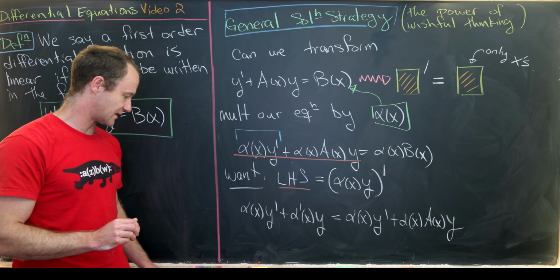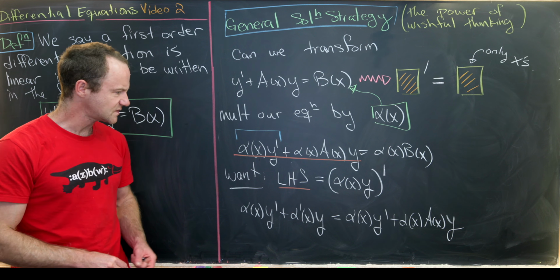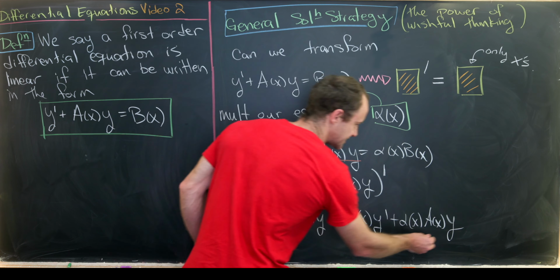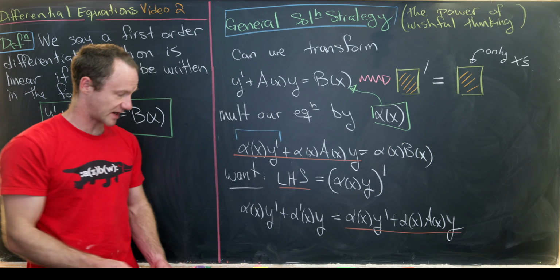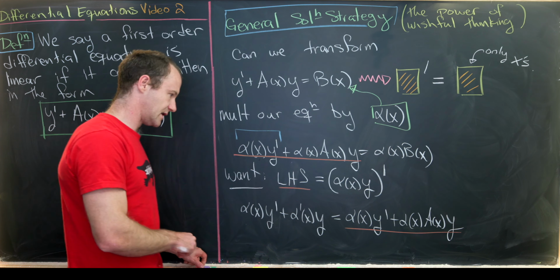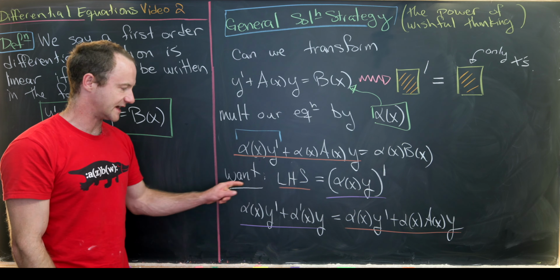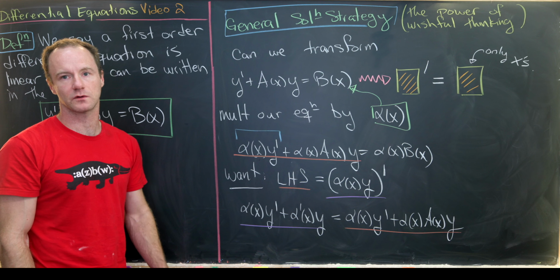We need something like that to happen. So again, let's color code this a little bit. This is just that brown taken straight down. And this thing right here is this product of alpha and y expanded out with the product rule.